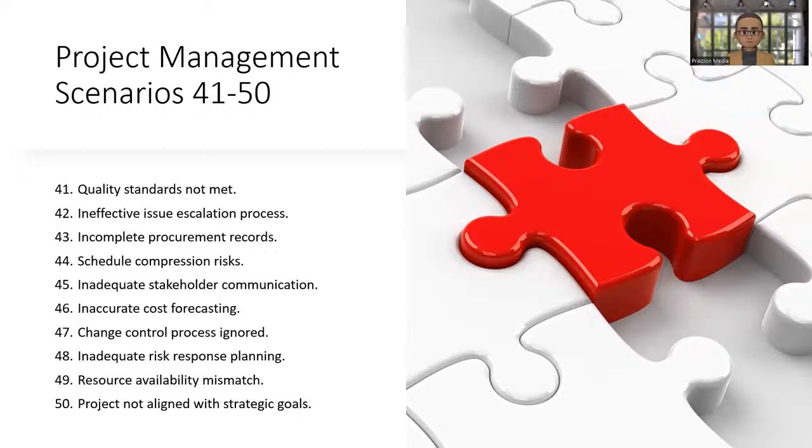What do you do? Number 48, inadequate risk response planning. Or 49, resource availability mismatch. What do you do, project manager? What do you do if the project is not aligned with strategic goals? Can you do something about that as a project manager?